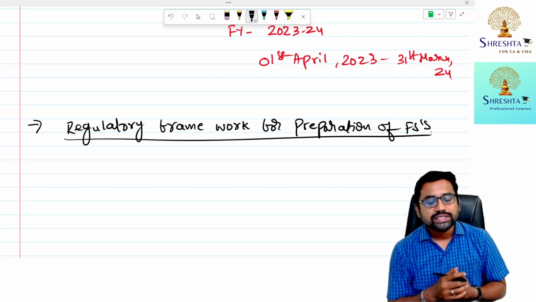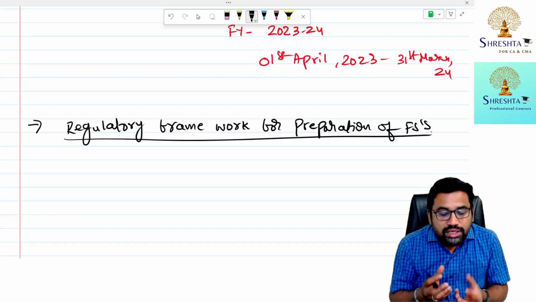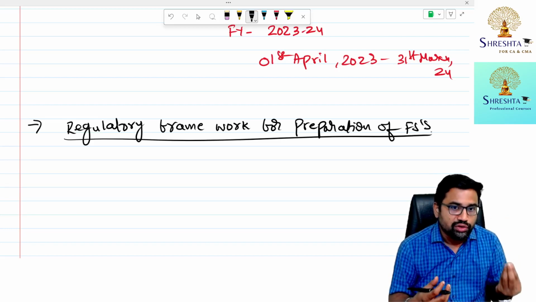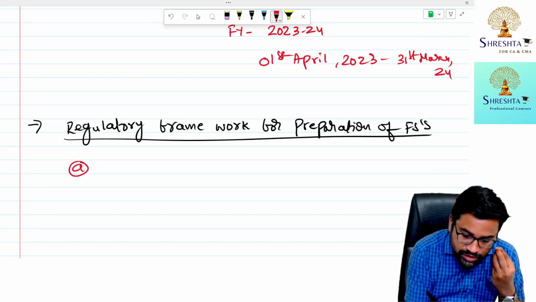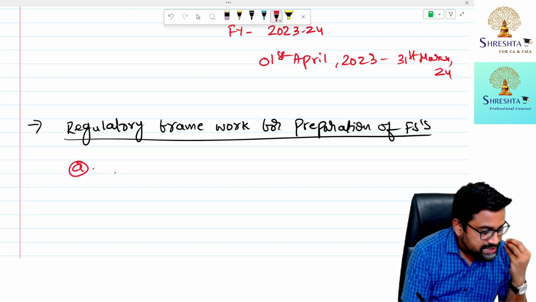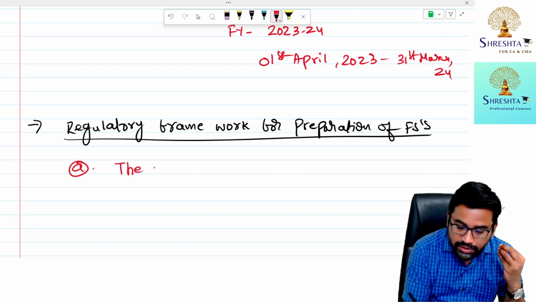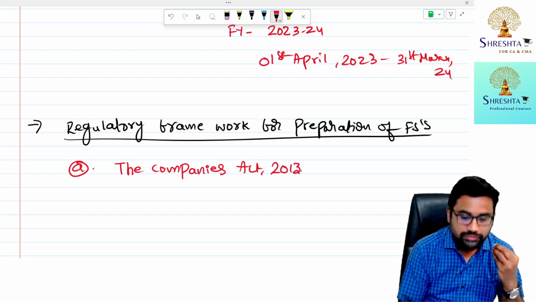What is the meaning? Sir, if you want to prepare financial statements of a company, what things should you keep in mind? I mean, which rules, which provisions do you need to follow? First, there are 3 things you should keep in mind. First, provisions of the Companies Act. So therefore, the Companies Act 2013 we should follow.